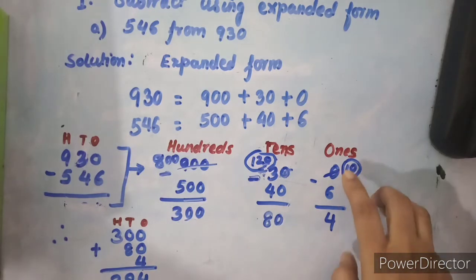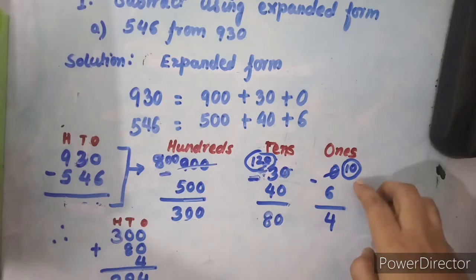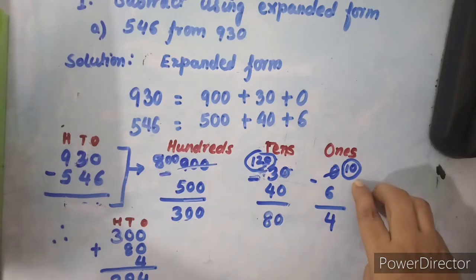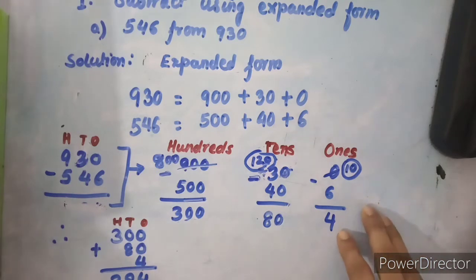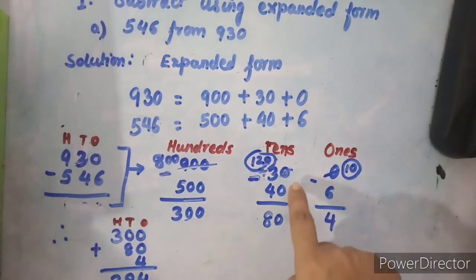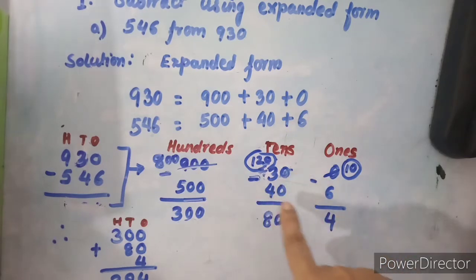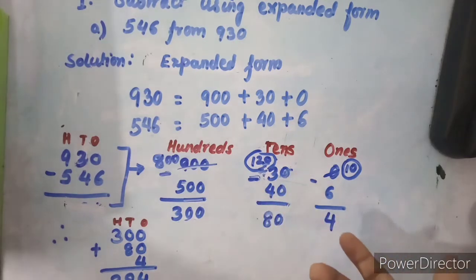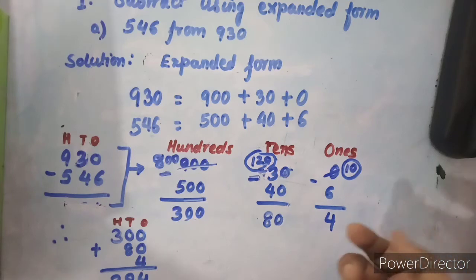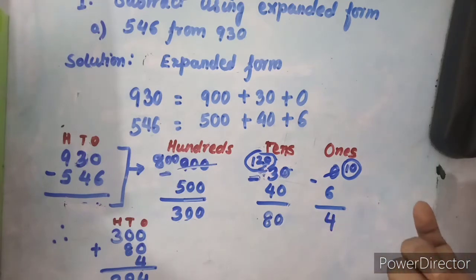So 6 cannot be subtracted from 0, so I have borrowed 10. Okay, so 10 minus 6 is 4. Now as you come to the tens place, you have 30 minus 40. So 30 minus 40 means what? 40 cannot be subtracted from 30.